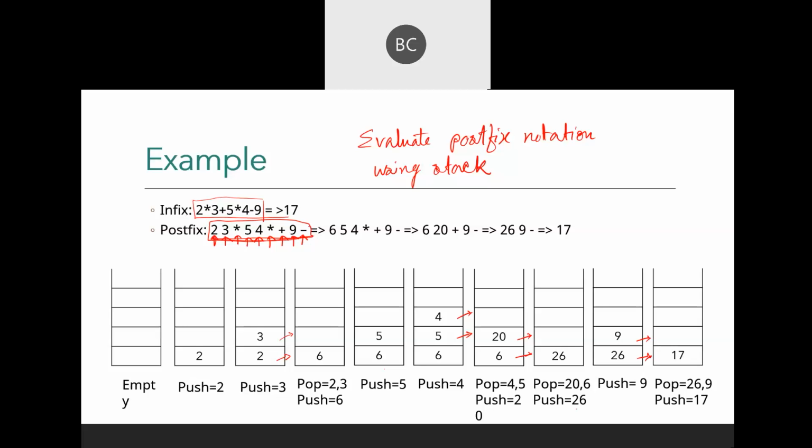This is the postfix. It's evaluating only the postfix notation, not the infix one. And this is showing the infix notation here just for you guys to understand it. The result should be 17. So after evaluation, you are getting the 17.